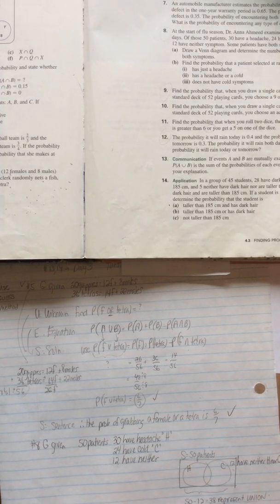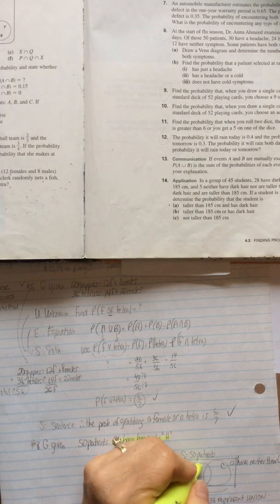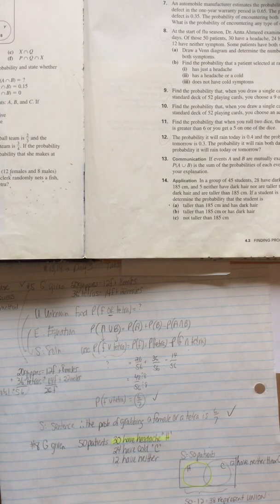So the other thing I want to know is, okay, so if 30 is here, how does the 30 break down?